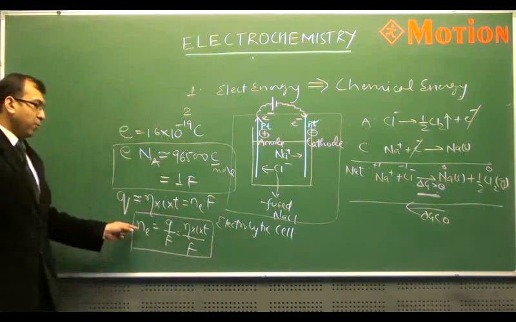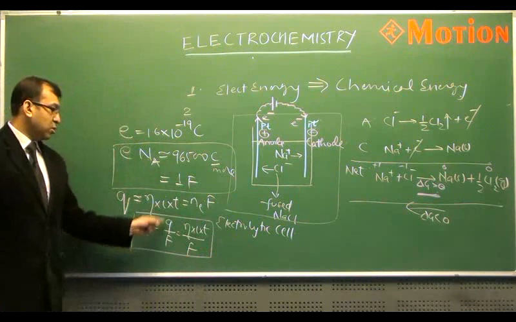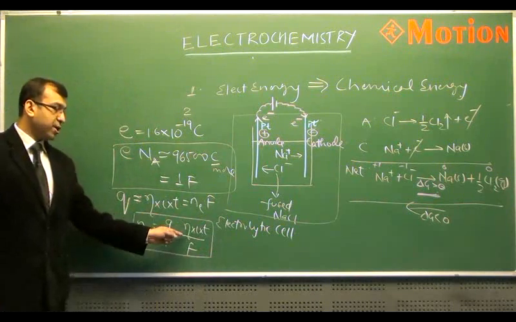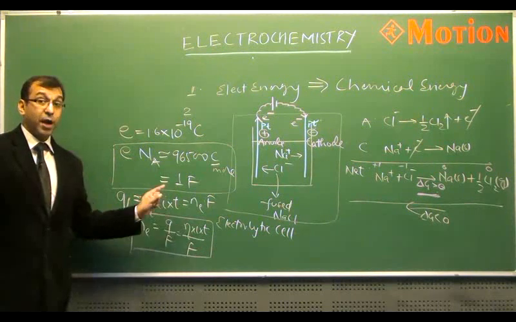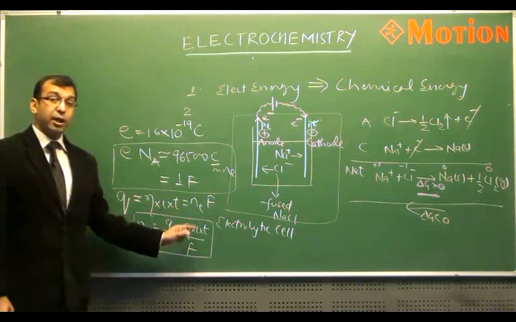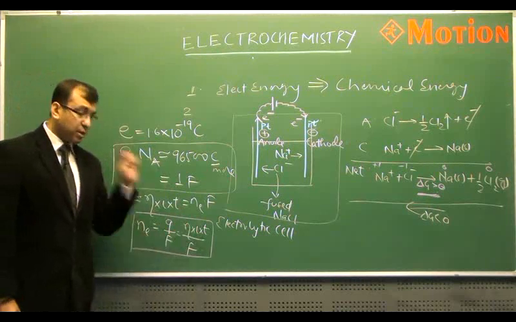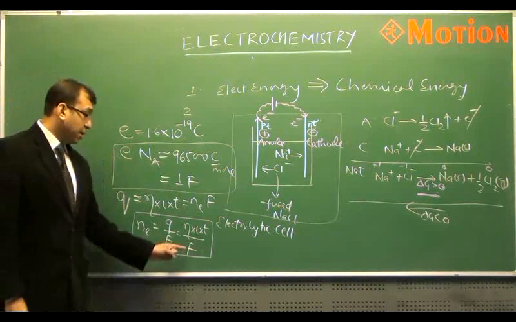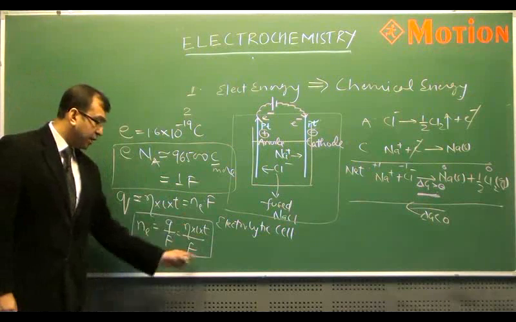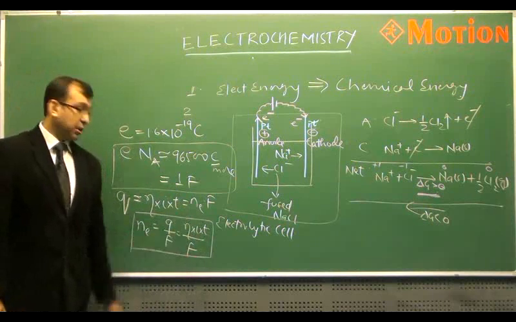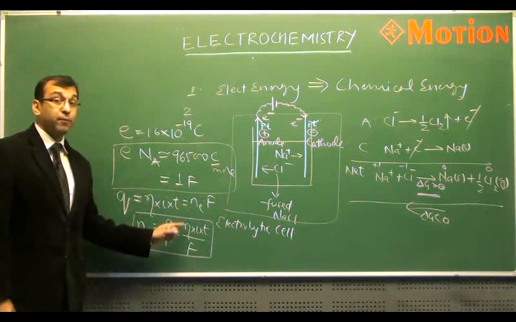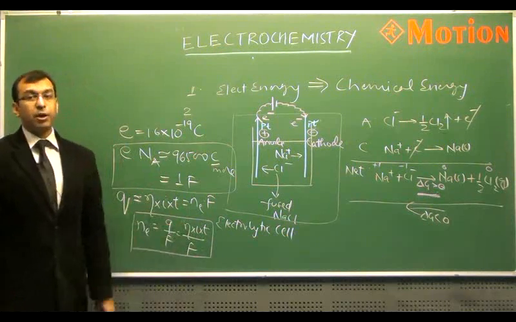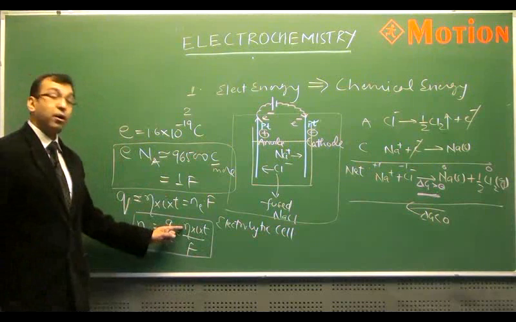That is, number of moles of electron is equal to Q by F, or current efficiency into I into T by F, where current efficiency should be taken as a fraction, not a percentage. If given in percentage, divide by 100 to get it into fraction. Everything on the right side should be in SI units.